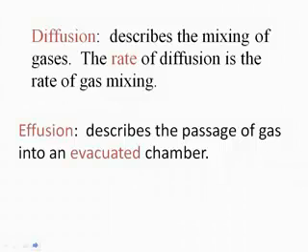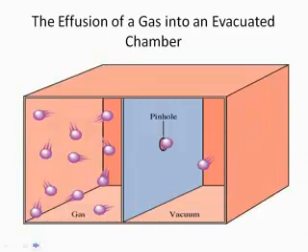The other one is effusion, and this is where we have gas molecules passing through a small hole into an evacuated chamber, or a chamber that has a lower pressure. It kind of has a vacuum on it. So here's an example of effusion.